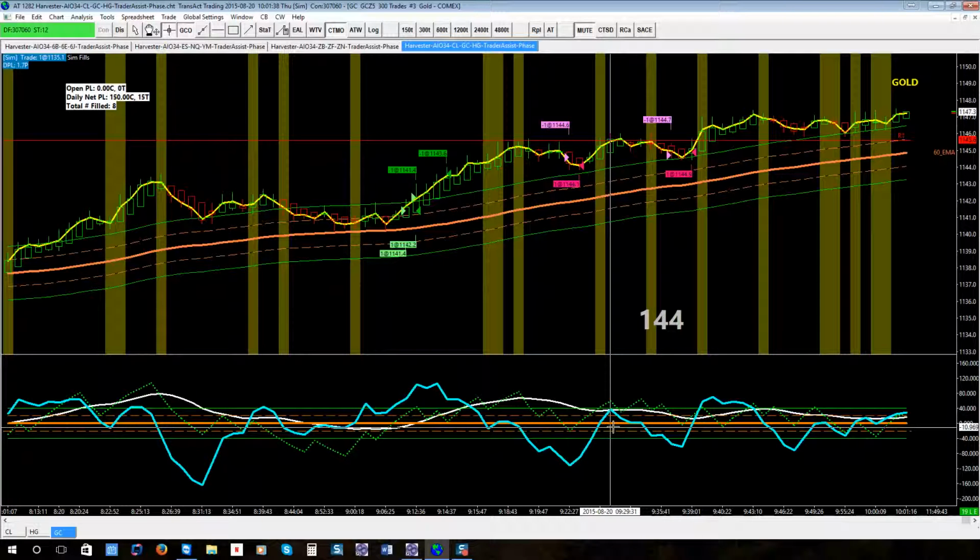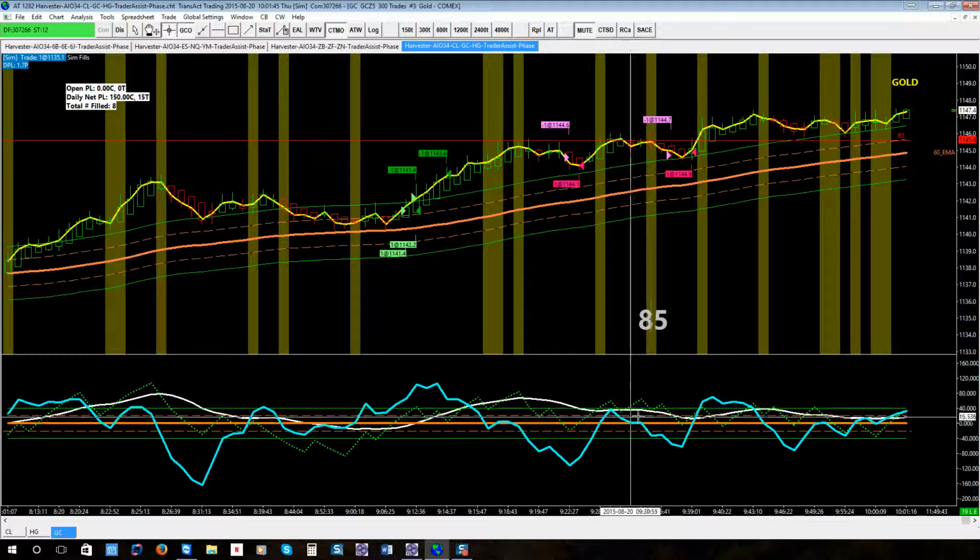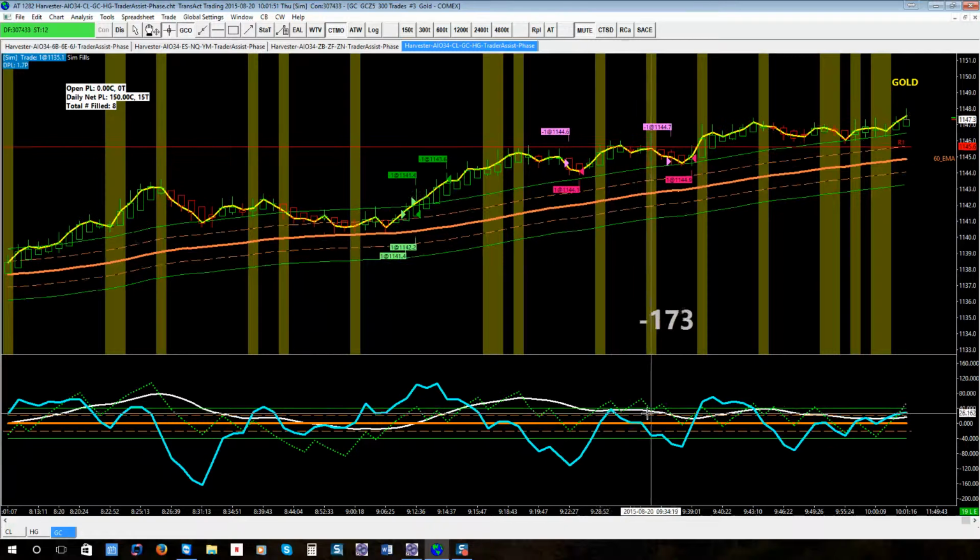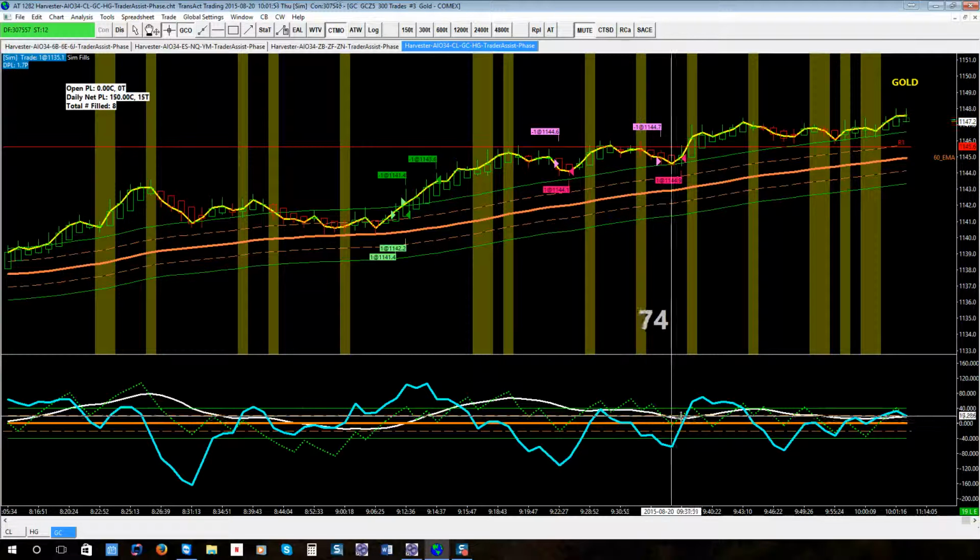We'd have to get out as the blue MACD here goes below the 0. But this is not a very good sustained trend to play, because the white MACD is essentially inside the mid, so we don't play this even for sustained trends.